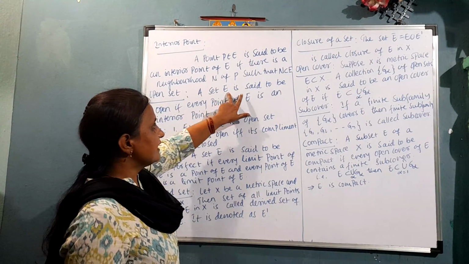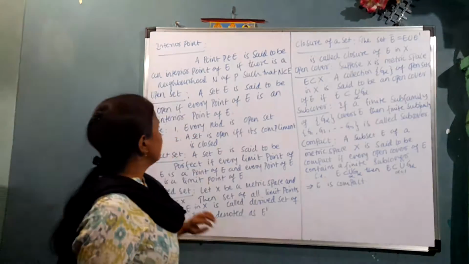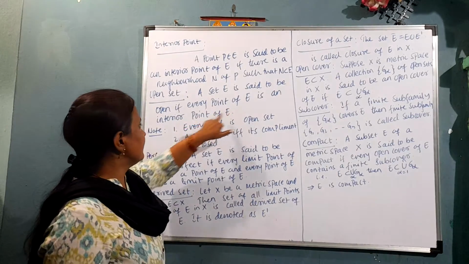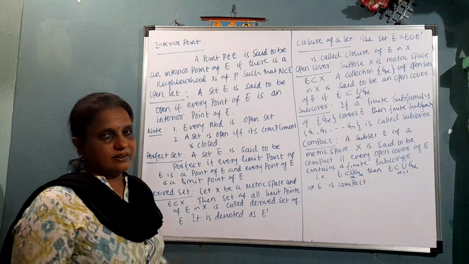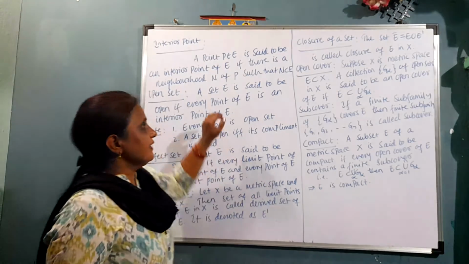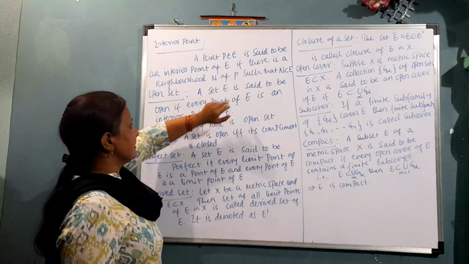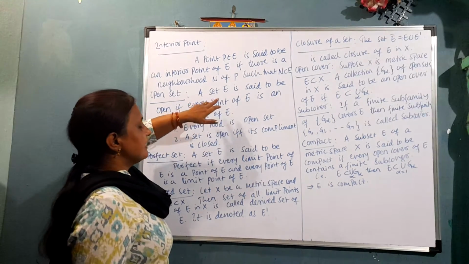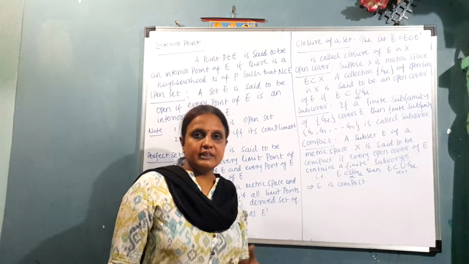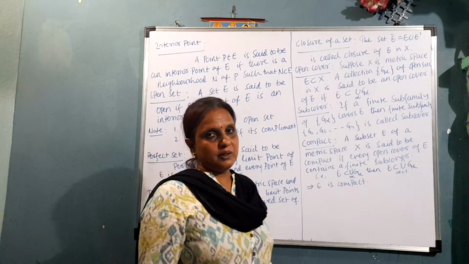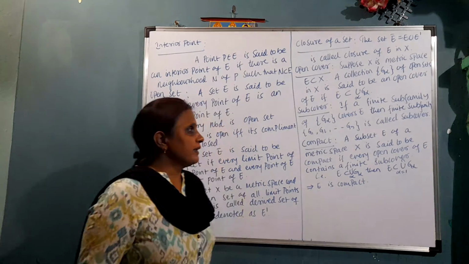That is, we say that a set E is said to be open if every point of E is an interior point of E. That is, if E is a set containing certain points which are interior, not limit points, then it is an open set.